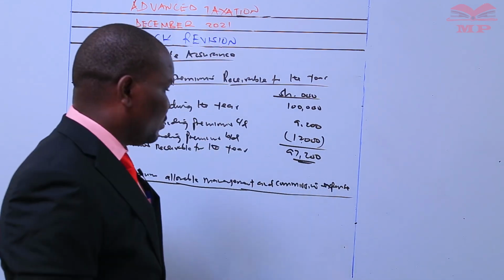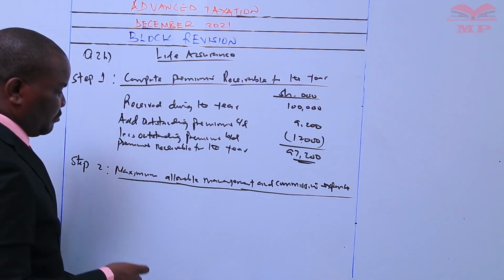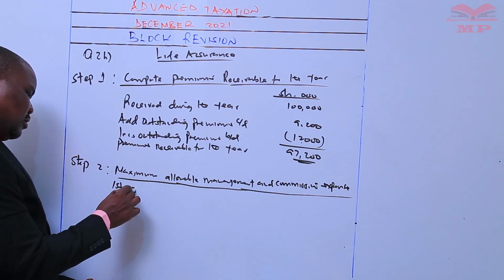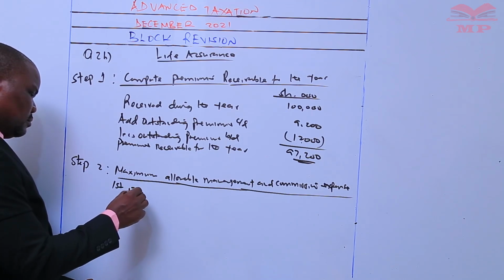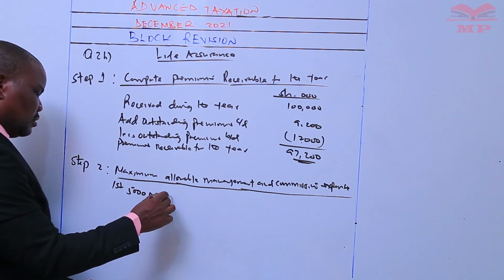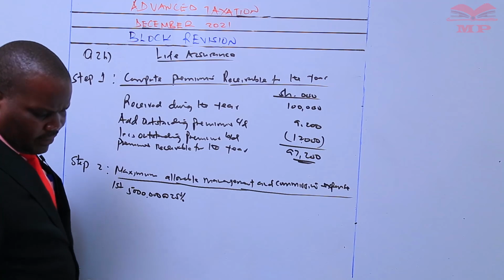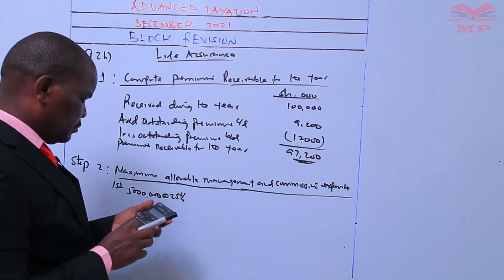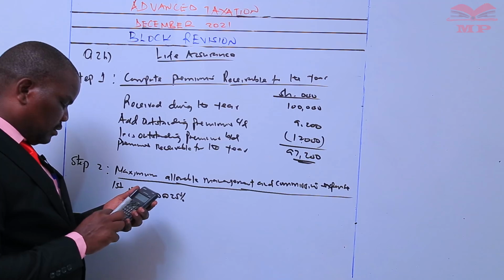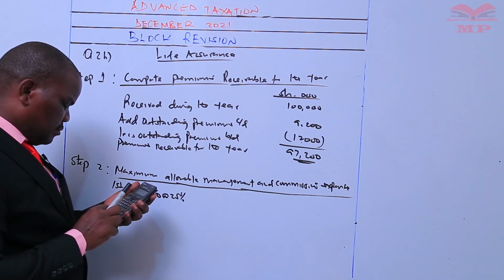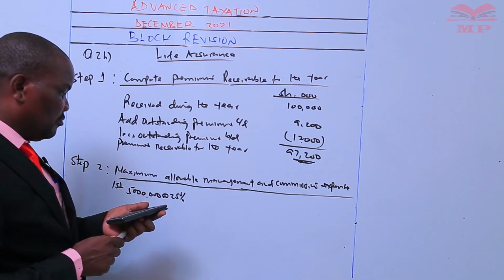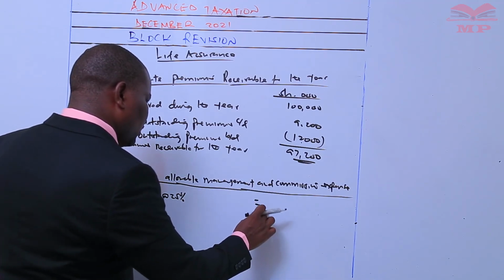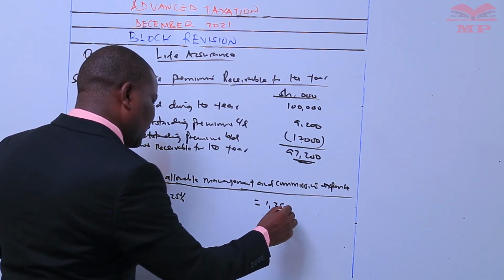So it's a step by step computation. First 5 million shillings at 25%. So we get 25% of 5 million, I'm getting 1,250,000.